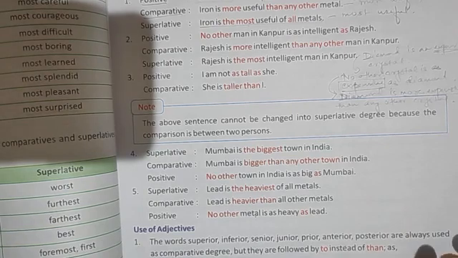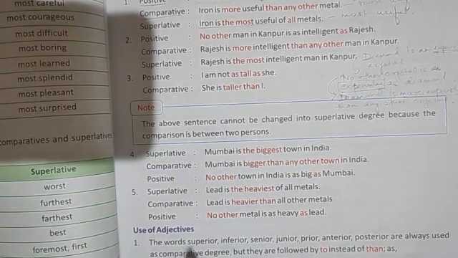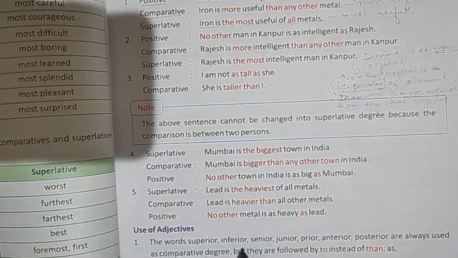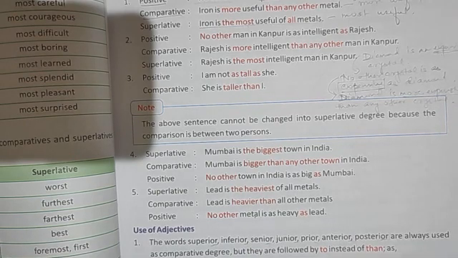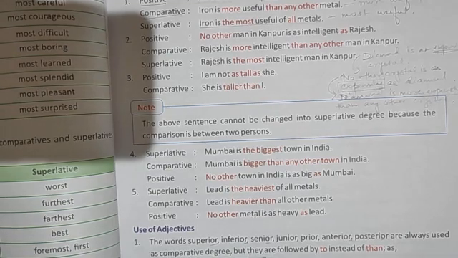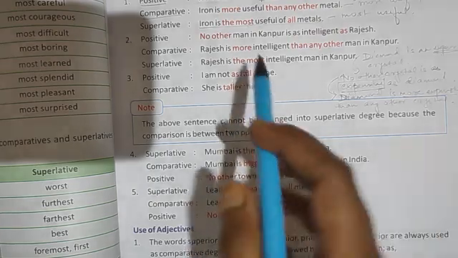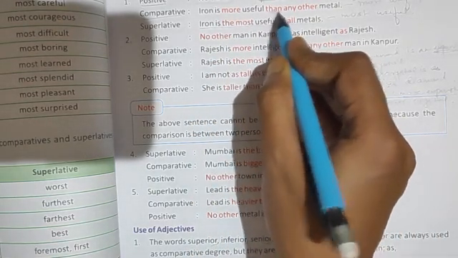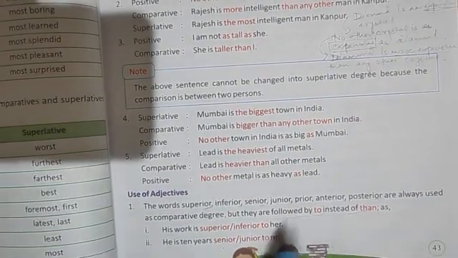Okay, now we have certain uses of adjectives, that is the words superior, inferior, senior. See, these end with r. Junior, prior, anterior, posterior, all these are comparatives. These cannot be changed into superlatives. But they are followed by to instead of than. So in comparative degree we were using the conjunction than, but in these uses of adjectives we will be using to, not than.